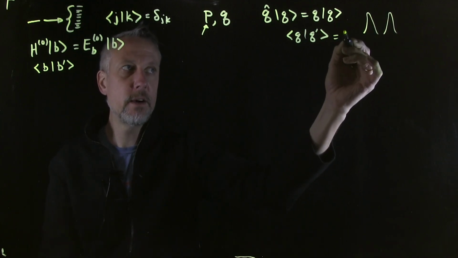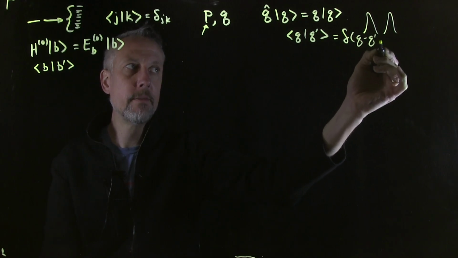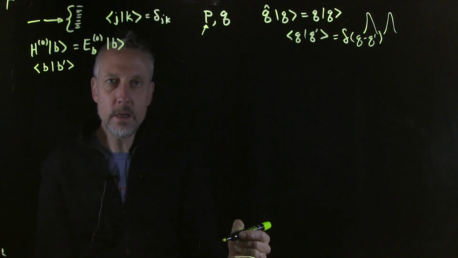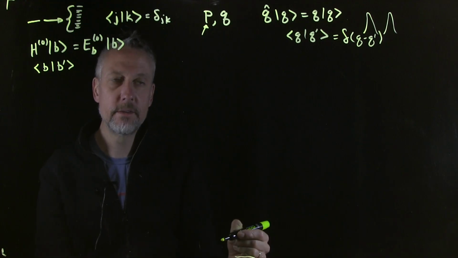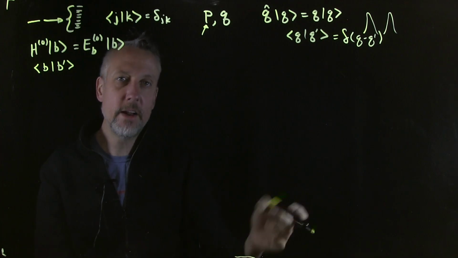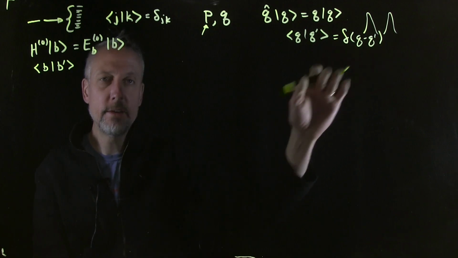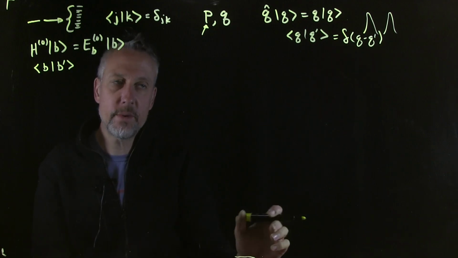So the way Dirac dealt with this was to invent a new function. It's called the Dirac delta function. The mathematicians insist that you call it a distribution, but nevertheless, it's a function. Now, it has some weird properties.